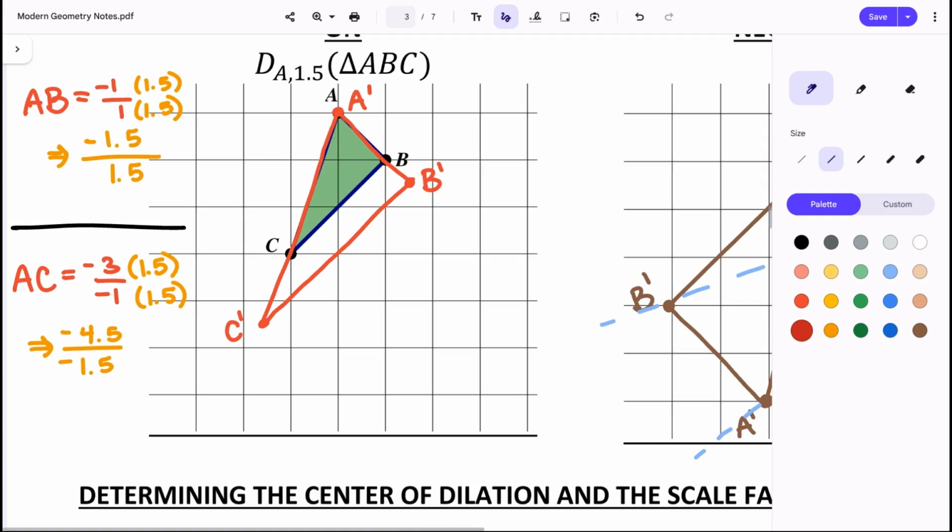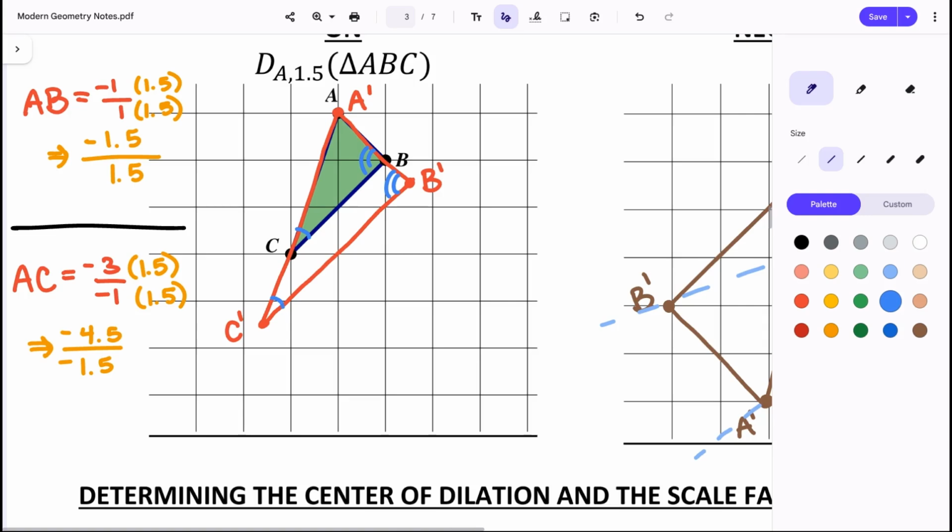One's interior, one's exterior, but they're on the same side. Do you guys remember what we called those angles? Talking about this one here and this one here. Started with a C, remember that word? Corresponding. Those are corresponding angles technically in this picture. And the same thing is happening over here with C and C prime. Those are corresponding as well.